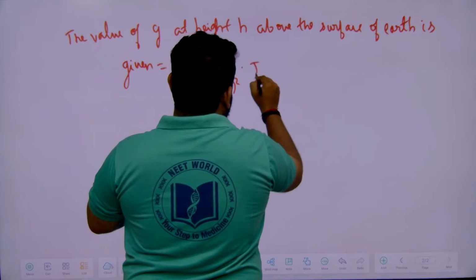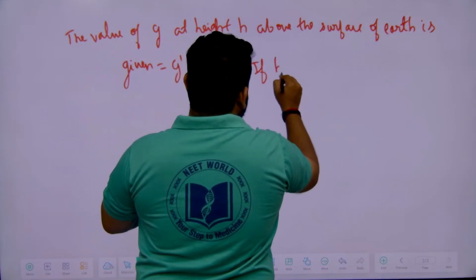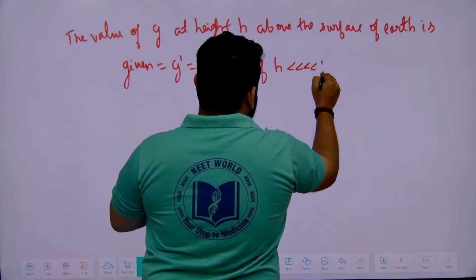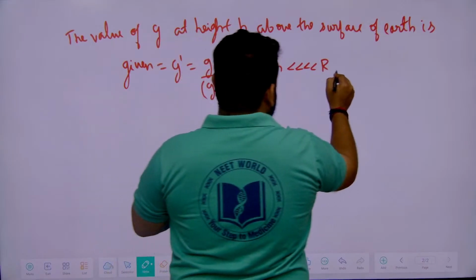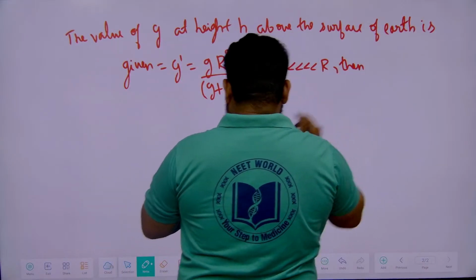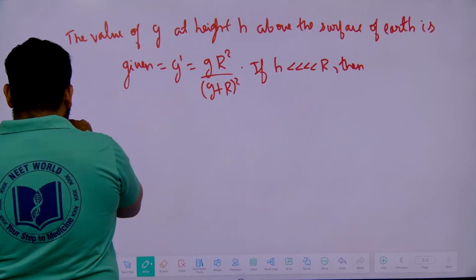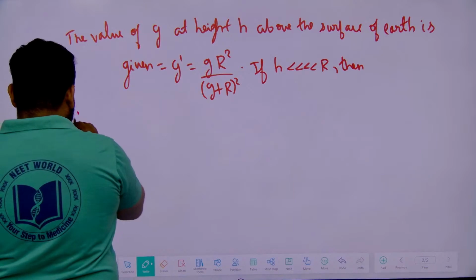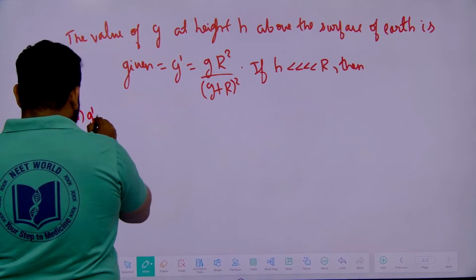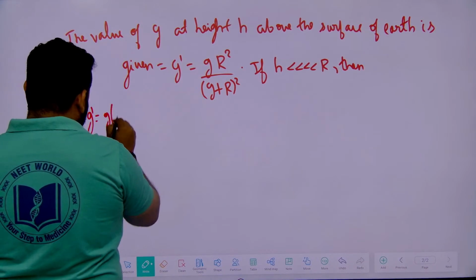If h is very less than r, then they have given the options. Option A: g dash is equal to g into (1 minus h by r).